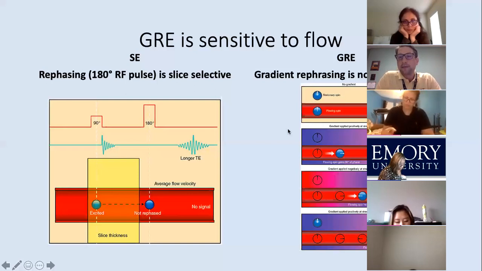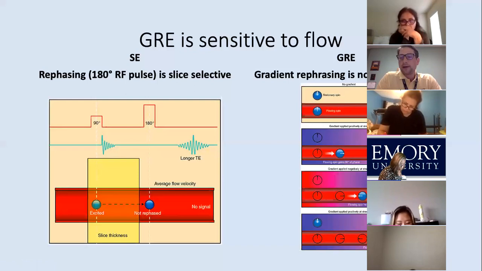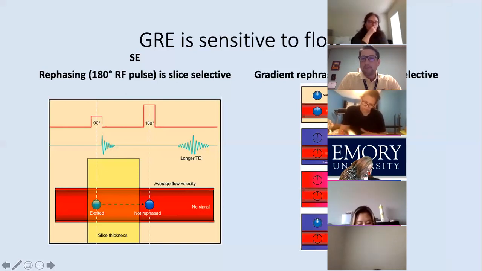So this is a great advantage to gradient echoes because we can do MRA imaging without even injecting contrast. So think your time of flights, your MRVs, things like that, where we can see blood, moving blood compared to stationary tissues.